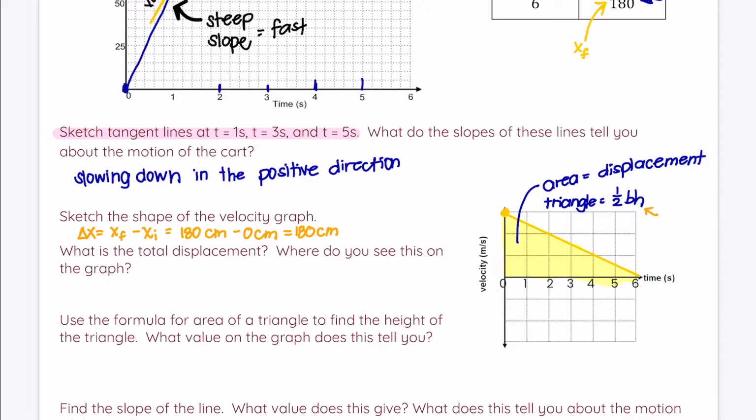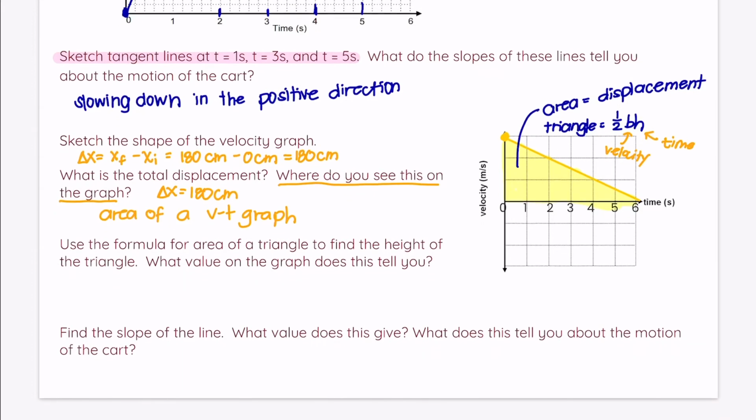And our height here is going to be time. And our base is going to be velocity. Okay, so then our area is going to be 1/2 base times height. And we see this on the graph in the area of a VT graph. Okay, and the total displacement is going to be 180 centimeters using the information from the position time graph.